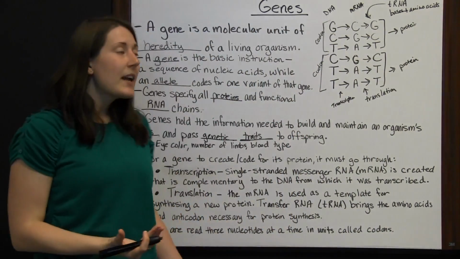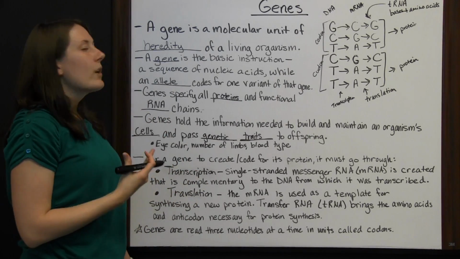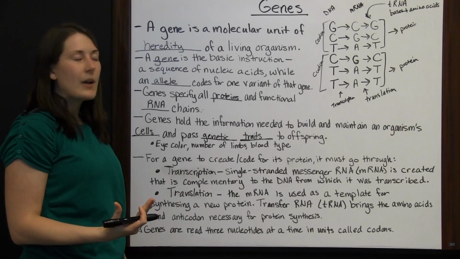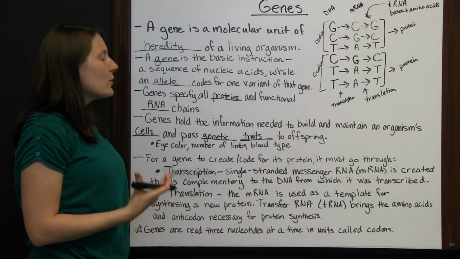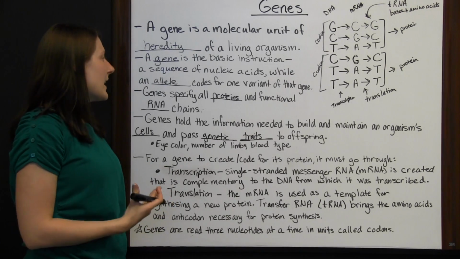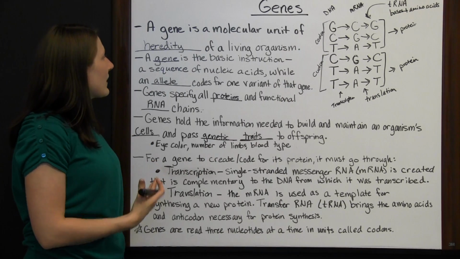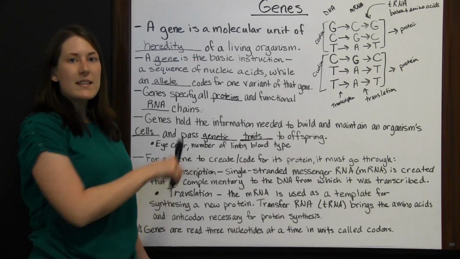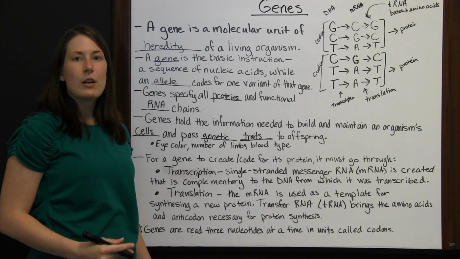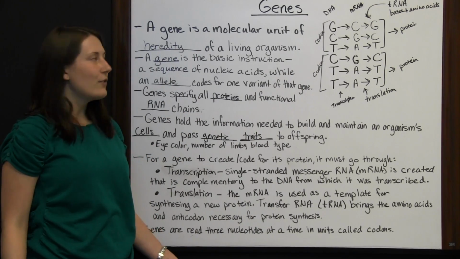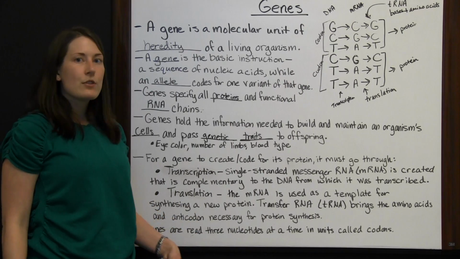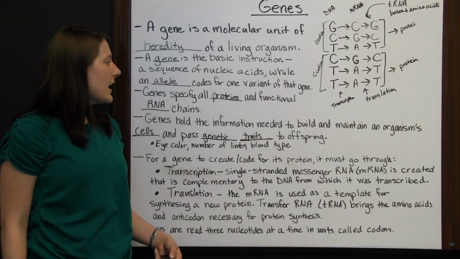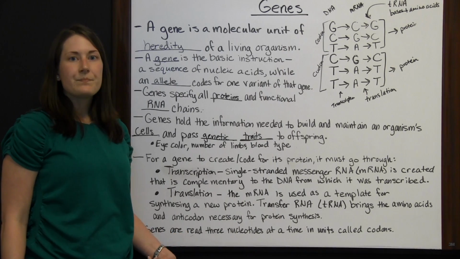So that's kind of a complicated process, but it's what genes do. That's their job. Their job is to send messages throughout the cell so that new proteins can be created. And they are going to carry your hereditary information, and they have the basic instructions necessary to tell your body how to carry out the hereditary processes and keep producing the cells and the proteins that you need and maintaining your cells.